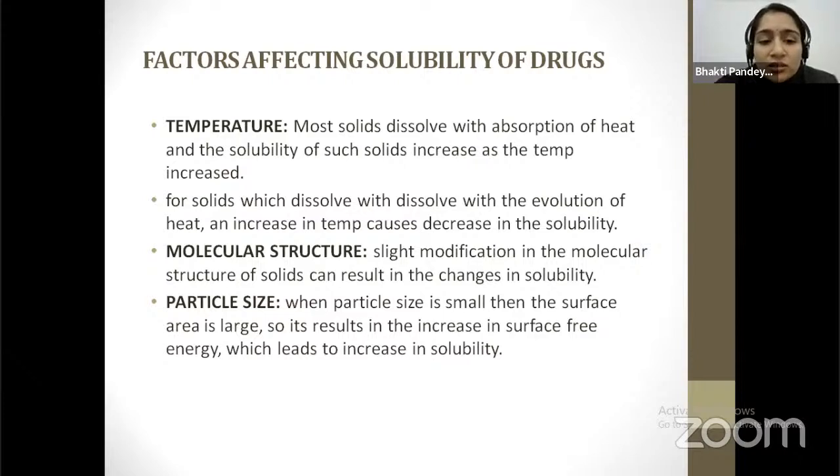As we know, the greater the particle size, the smaller the surface area. If the particle size is smaller, then the surface area will be large.